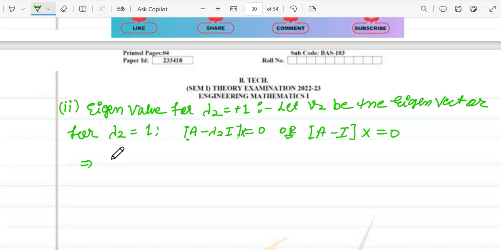Now putting the values, that is A minus I, that is x, is equal to 0 0 0, x1 x2 and x3.